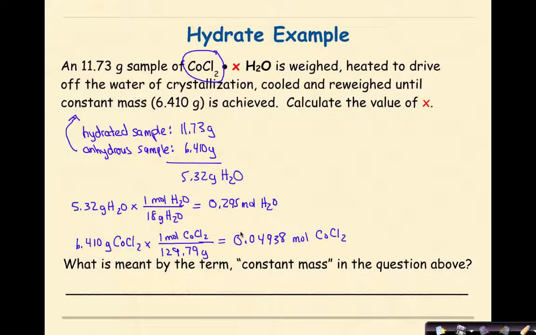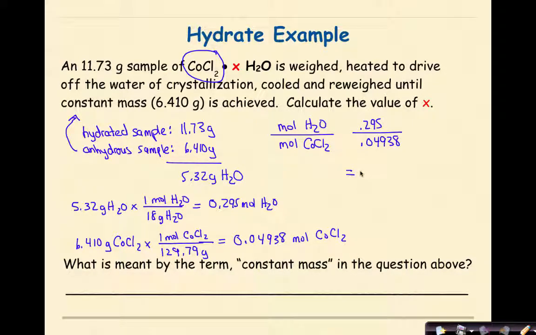Finally, the last step to determine what this X here is to take your moles of water and divide it by the moles of your anhydrous substance, which we know is just your CoCl2. So in this case, that's going to be 0.295 divided by 0.04938. And again, in a perfect world, when we divide these two out, we should get a whole number.